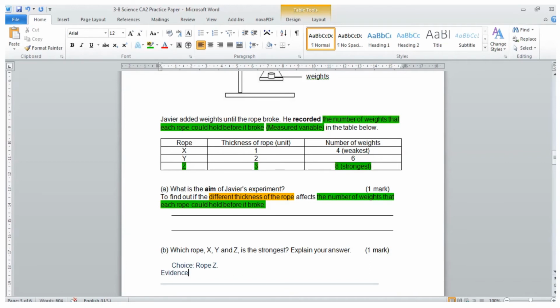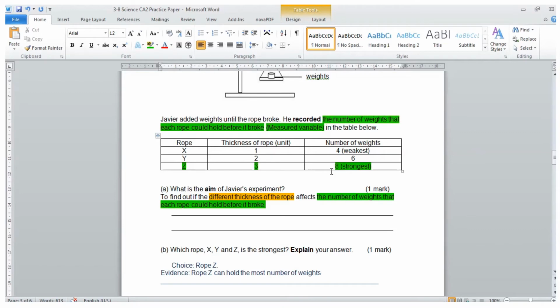Because why? Again, we have the word explain. So the evidence here is from the table itself, from the question. So we can say that rope Z can hold the most number of weights. So we are just explaining what this table means.